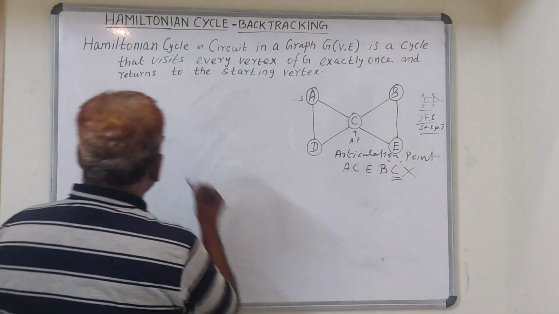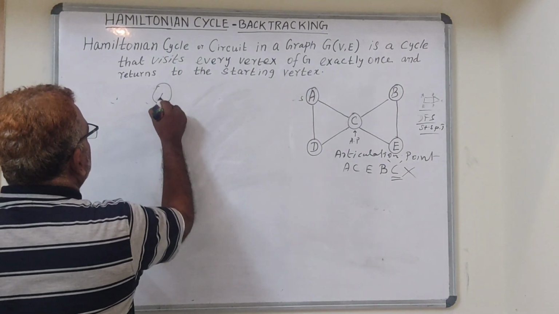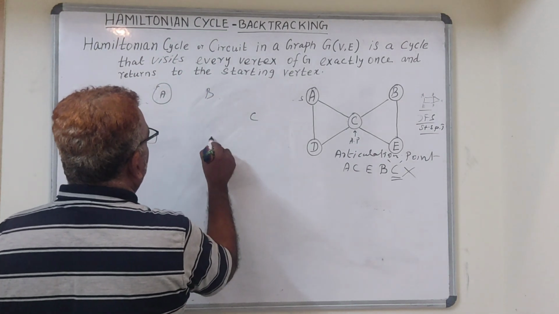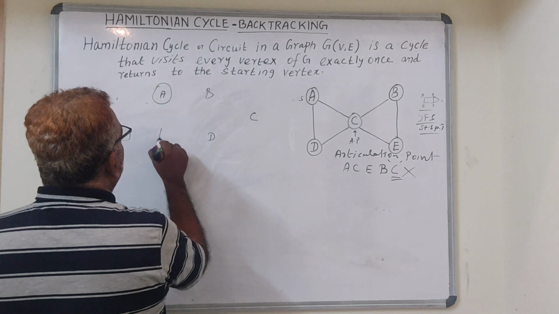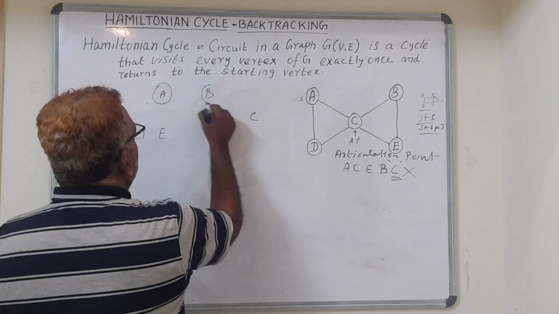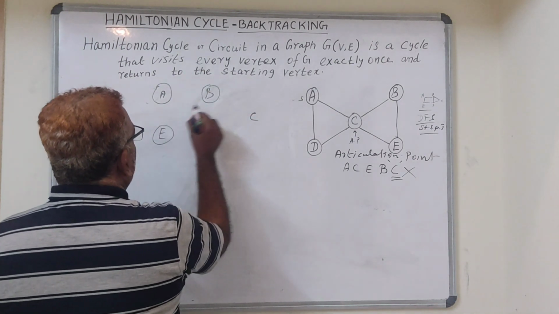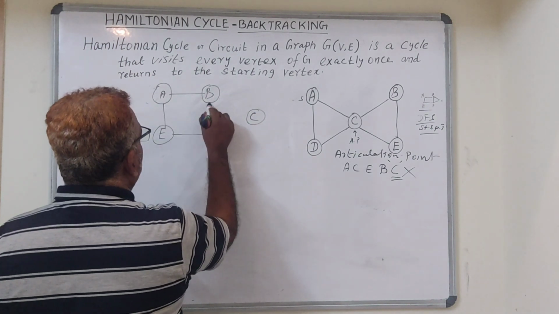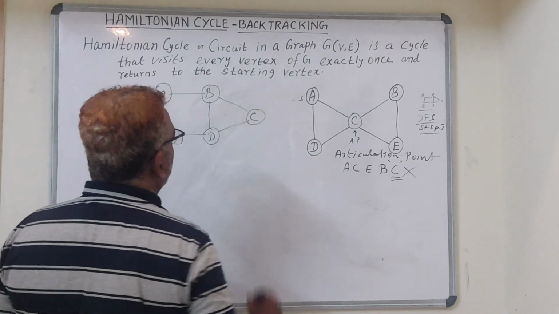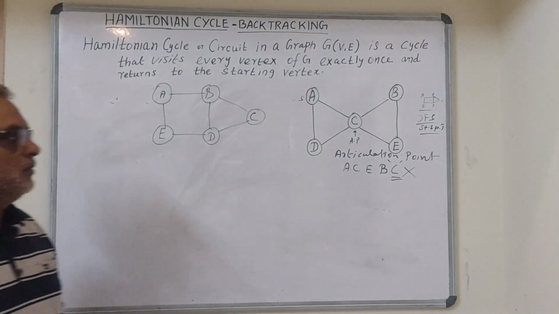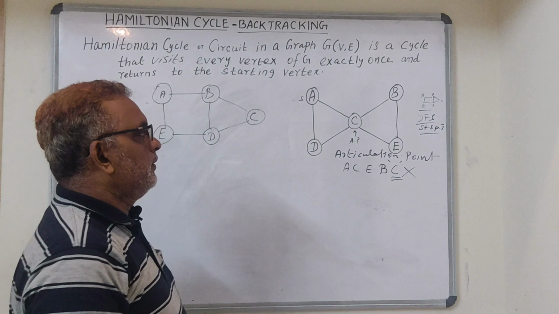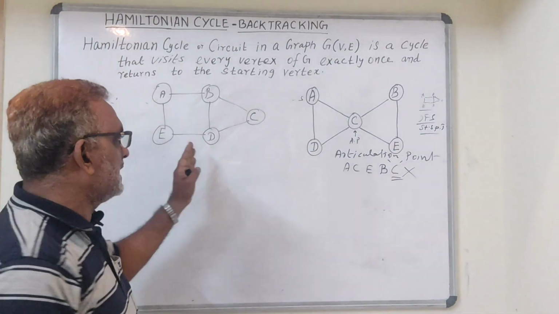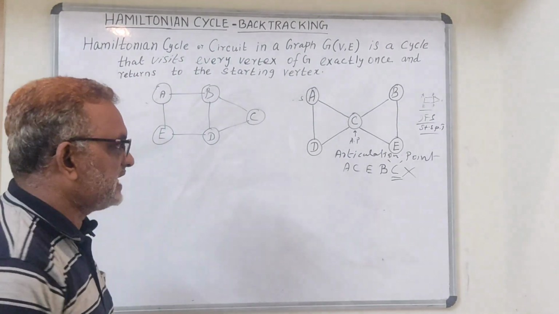Five nodes are here connected like this: A, B, C, D, E. These are the 5 nodes, and they are connected like this. Now we find out whether this graph contains the Hamiltonian cycle or not.